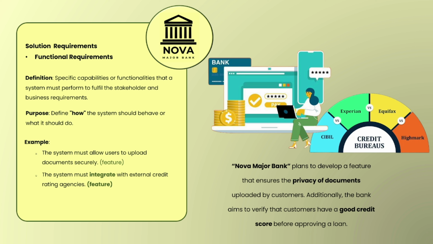So the system must allow users to upload documents securely, and another important word used here is securely. This feature should be in our loan management system. The next is, the system must integrate with the external credit rating agency.